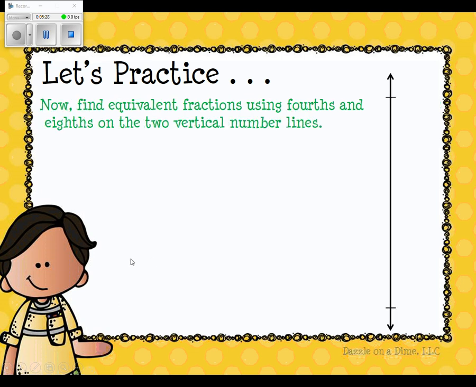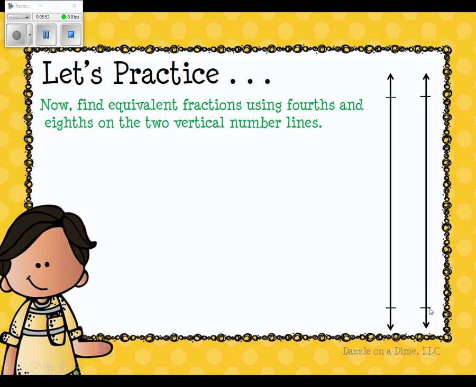Let's find equivalent fractions using 4ths and 8ths on two vertical number lines. There we go. There's two. So this is 0, and this is 1. And you're going to do the same thing we did on the other page. You're going to make this your 1/4, 2/4 is right in the middle, and then 3/4.